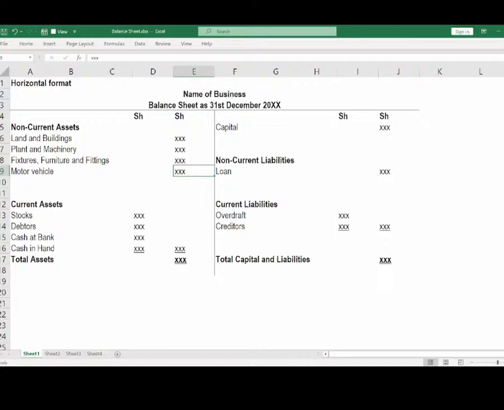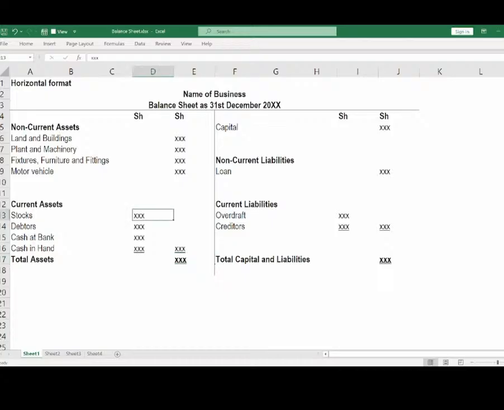Then you have the current assets. You have stocks, debtors, cash at bank, cash in hand. They can be many. This is just a few. You can also see here the current assets are listed in order of liquidity. Which asset is farthest from being converted into cash?